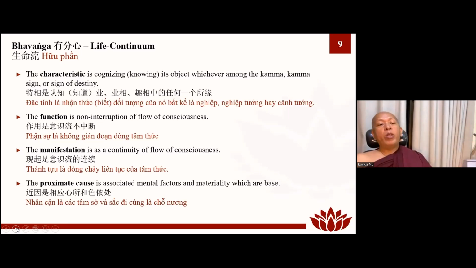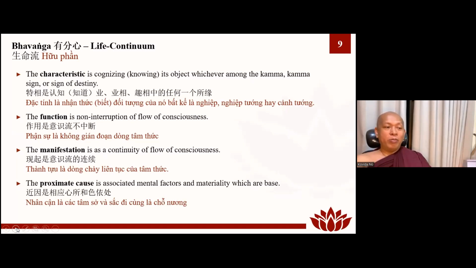Throughout life, when we are sleeping, for example, life continuum will arise. When we pass away, the same or similar consciousness will arise. We call it Chuti, death consciousness. Death consciousness also has characteristics, function, manifestation and proximate cause. I also mentioned it in the list, death consciousness in the slide.